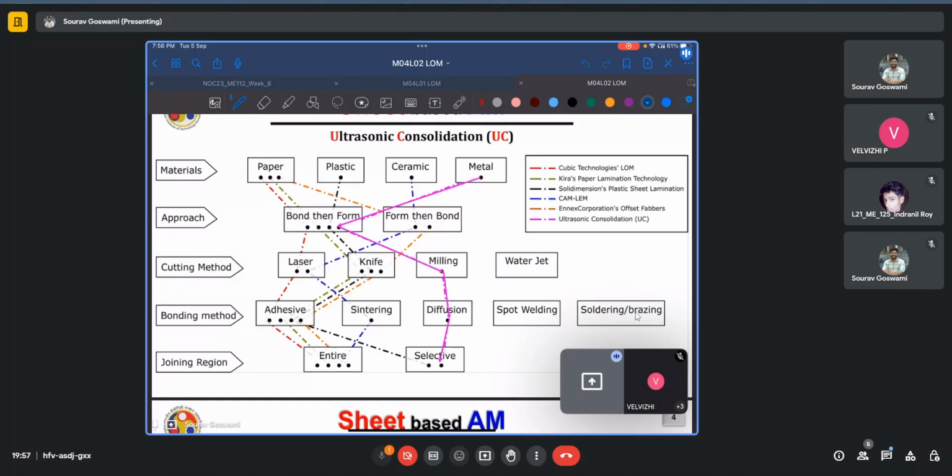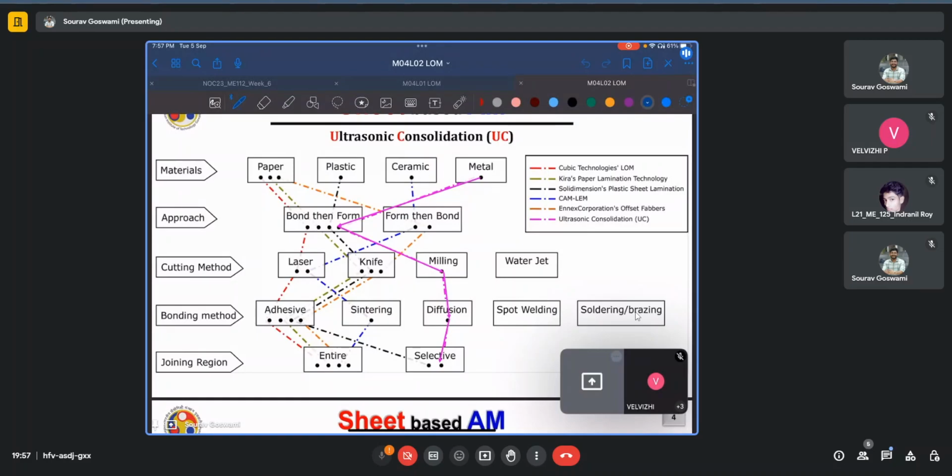So one thing we will all appreciate is that as far as sheet additive manufacturing processes are concerned, they are inherently hybrid in nature because there is an adhesive step where, by the use of some bonding techniques such as adhesive or sintering, the layers are stuck to each other and thus the part grows.